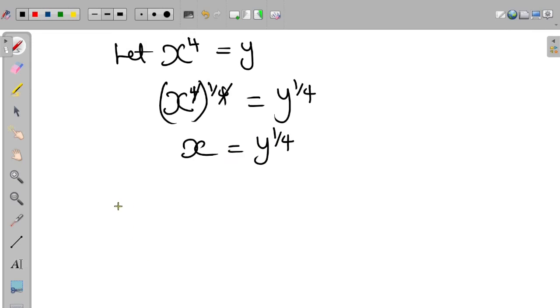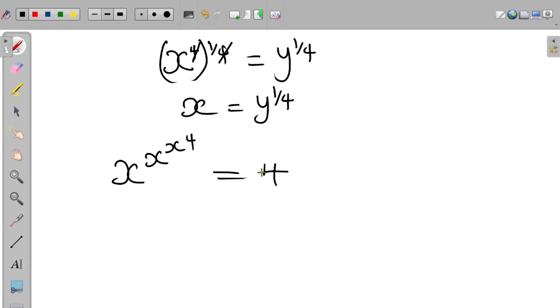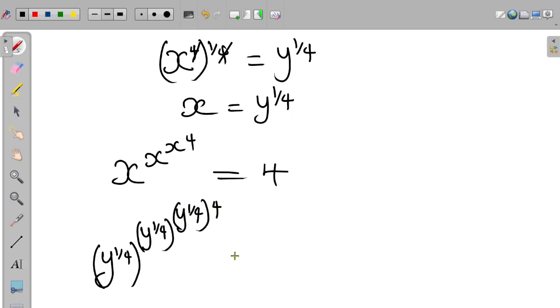So we know that x to the power of x to the power of x to the power of 4 is equal to 4. So anywhere we see x here, we will substitute y to the power of 1 divided by 4. So therefore, the equation becomes y to the power of 1 divided by 4, all raised to the power of y to the power of 1 divided by 4, all raised to the power of y to the power of 1 divided by 4, all raised to the power of 4, equal to 4.